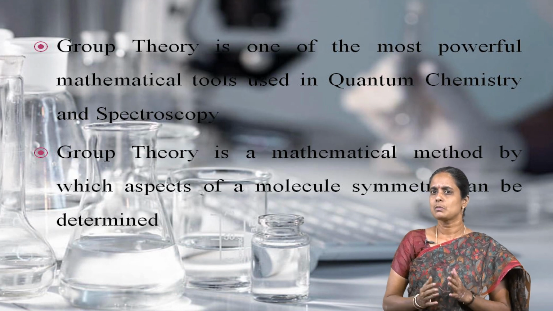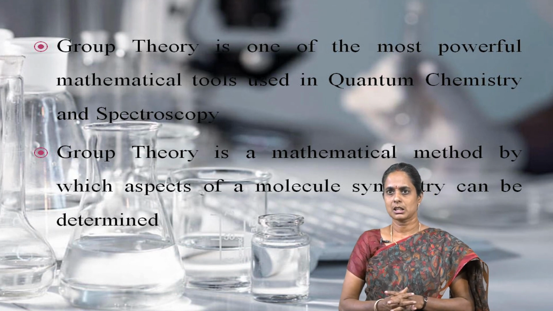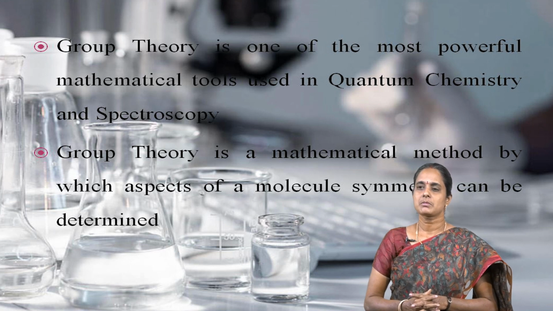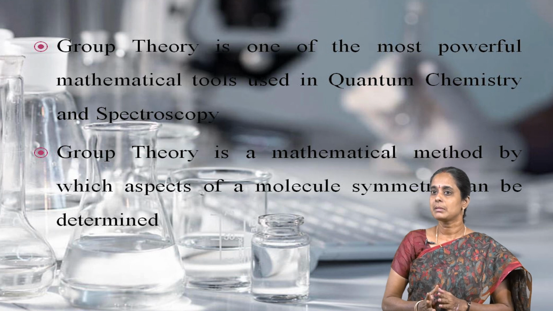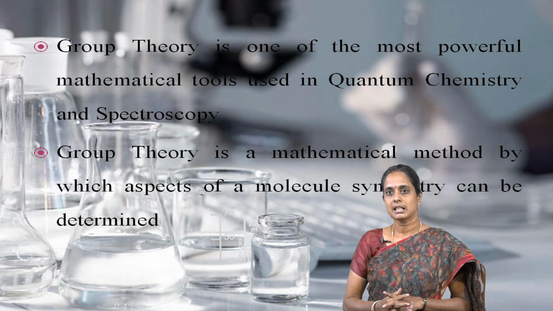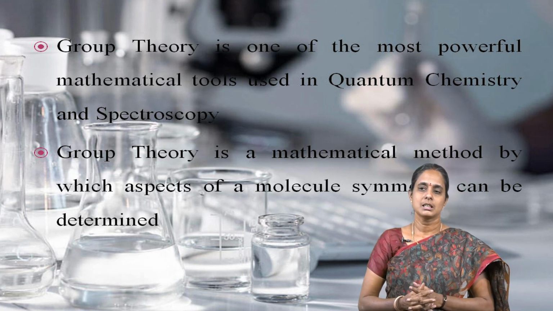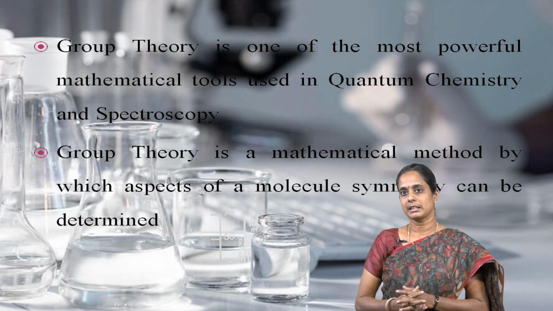Group theory is one of the most powerful mathematical tools used in quantum chemistry and spectroscopy. Group theory is the mathematical method by which aspects of molecular symmetry can be determined.